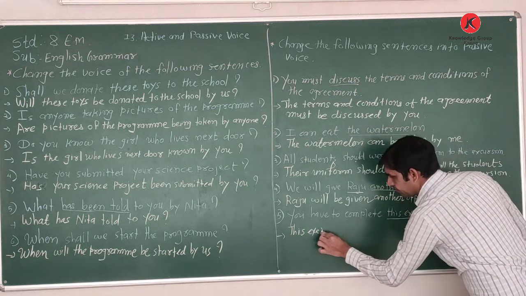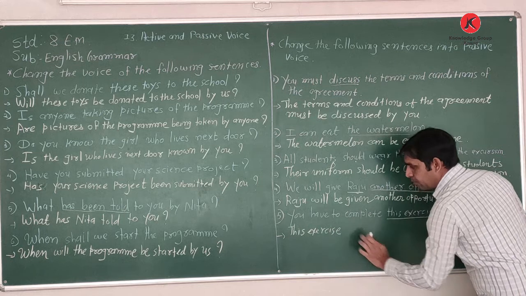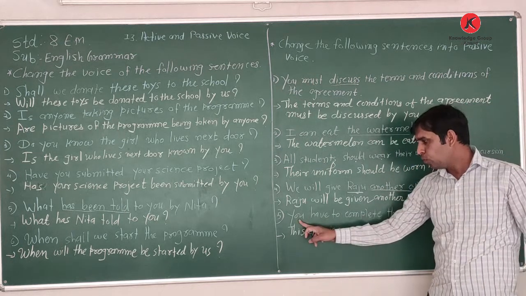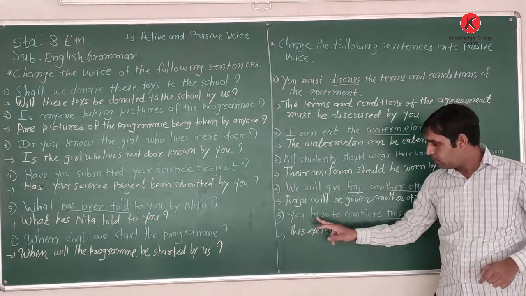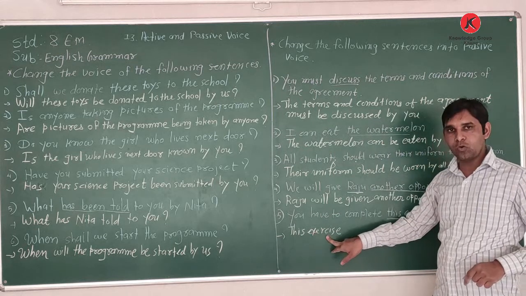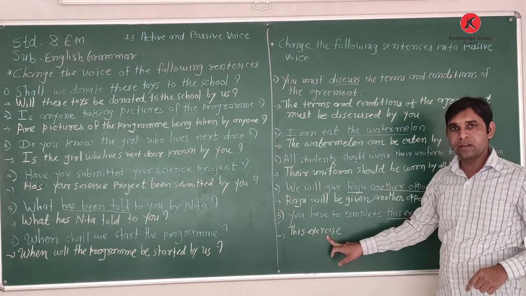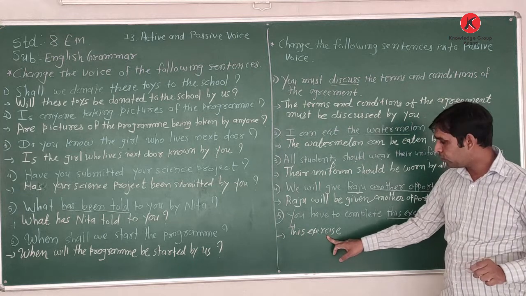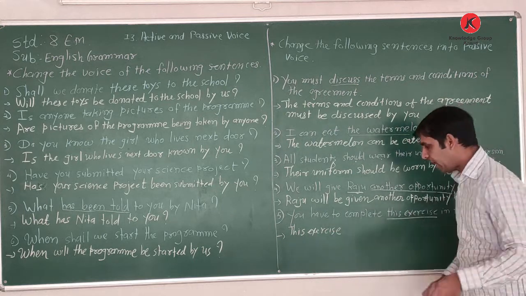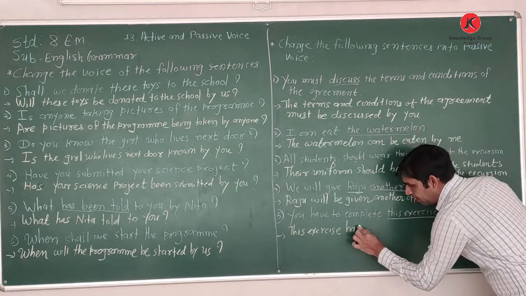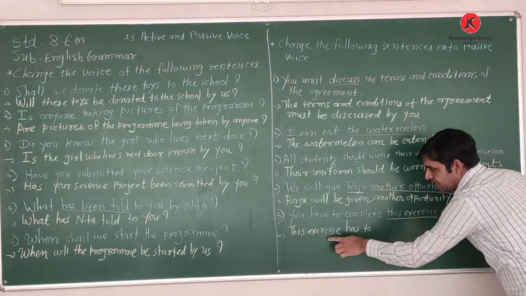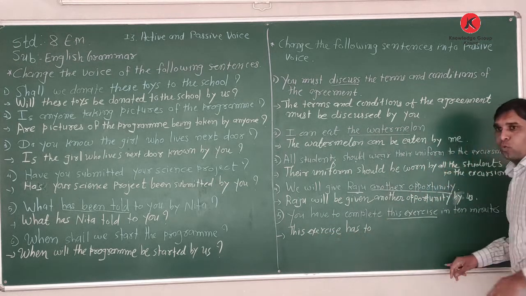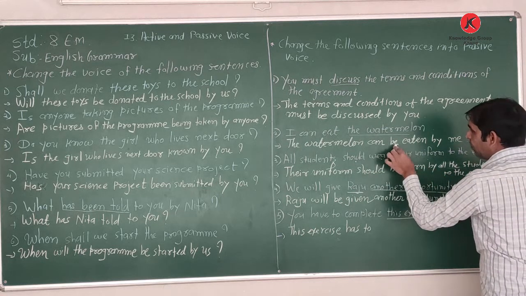This exercise. After that, we write the modal here. You would go with have, but here this exercise shows that it is singular. So we cannot write have. We write has to. This exercise has to. Then what do we write? We write be.